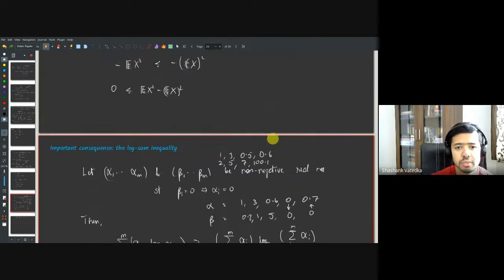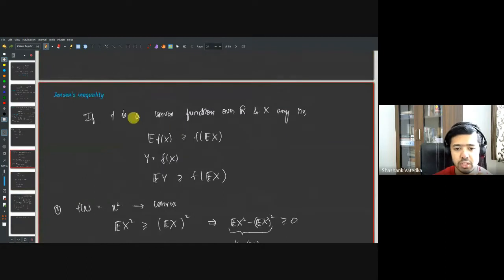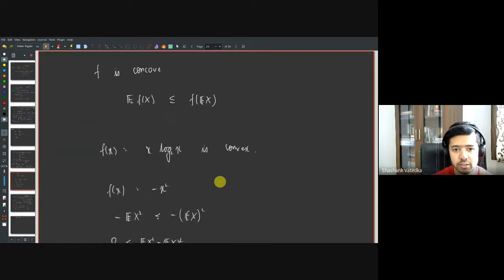So we'll assume that we have Jensen's inequality. Suppose we have this particular inequality over here, and we'll try to use this to prove the log sum inequality.